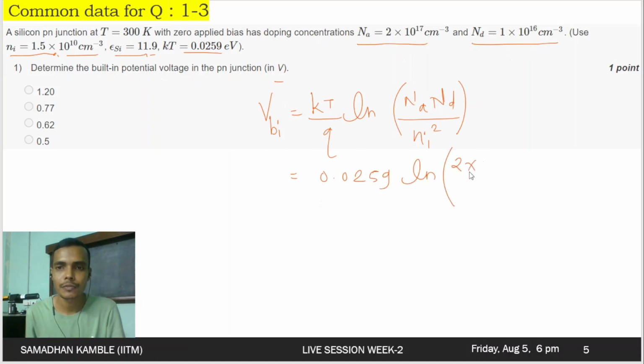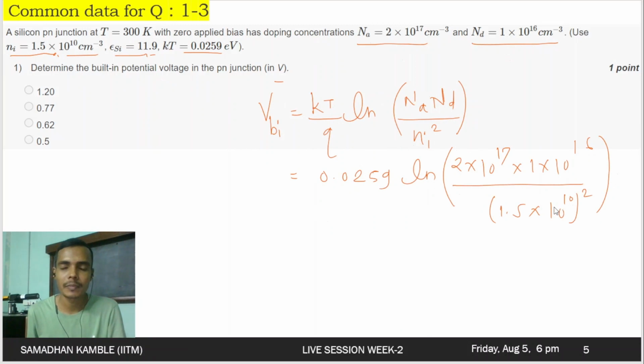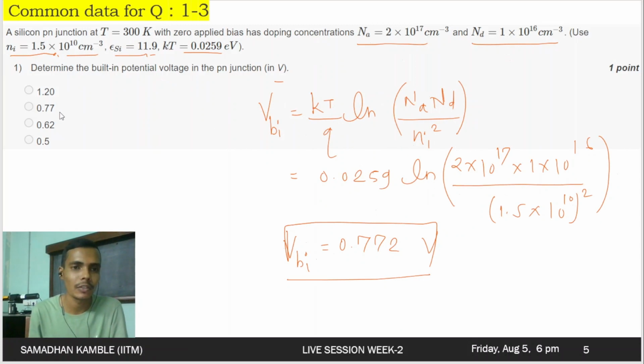Na is given as 2 times 10 to the power 13, Nd is 10 to the power 16, and our intrinsic carrier concentration is 1.5 times 10 to the power 10, squared. If you just calculate this expression, we will get the built-in potential V built-in equal to 0.772 volt. So the correct answer for this question is this.